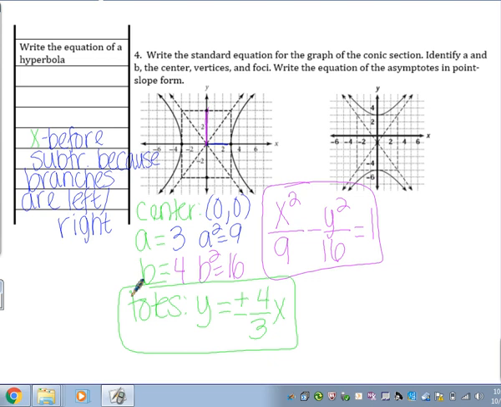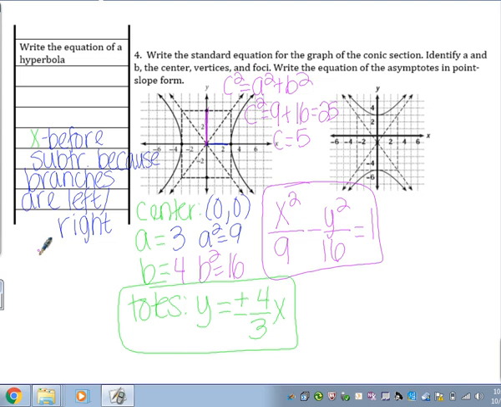Oh. I did not do the foci here. My apologies. What do I need to find the foci? C squared equals a squared plus b squared. So c squared is 9 plus 16, which is 25. So C here is 5.